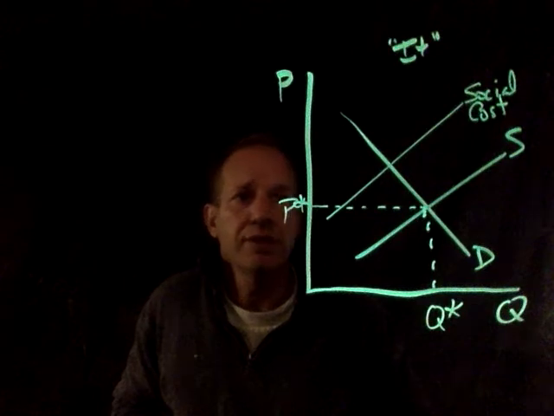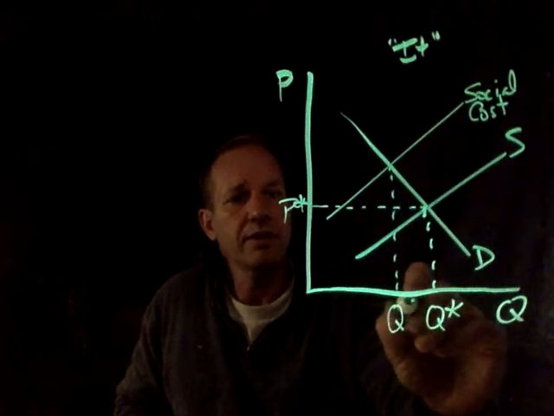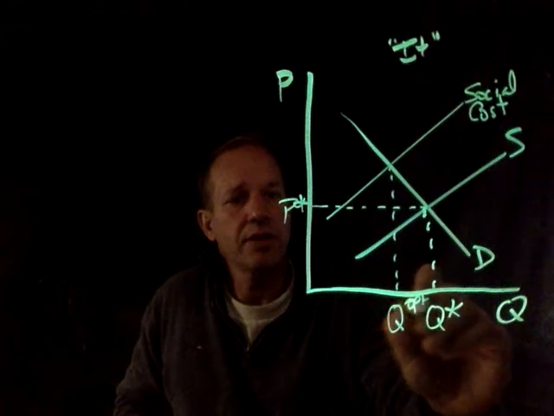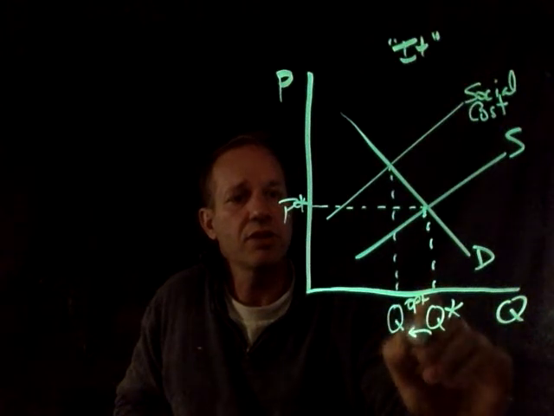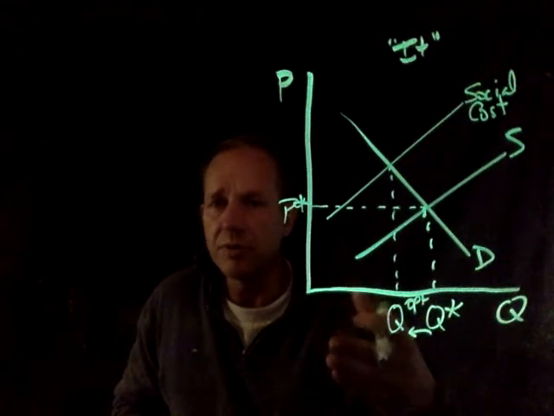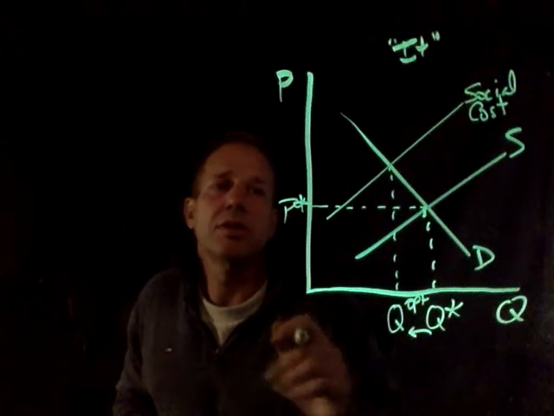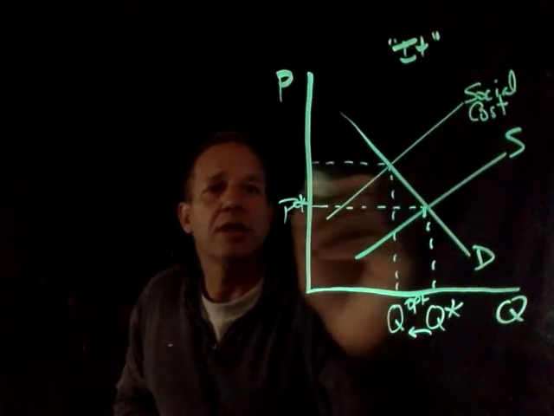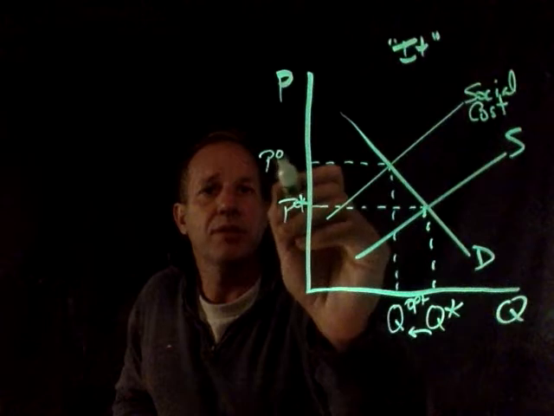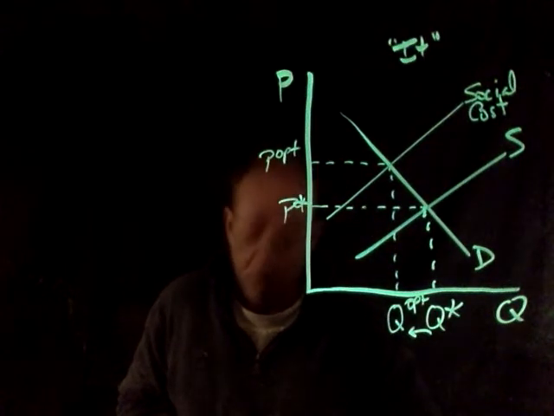And what that tells us is that the optimal quantity is actually here, and it is lower than the free market quantity, because in the free market all costs aren't being compensated for in the production of the good. And it also tells us that the optimal price is actually higher than the free market price. It should cost more. So that's the model.